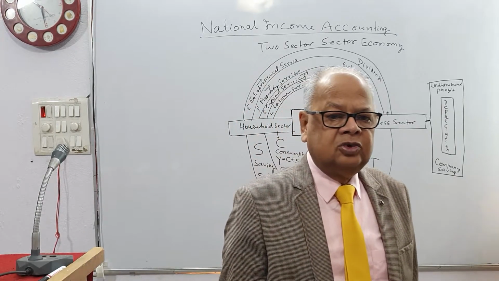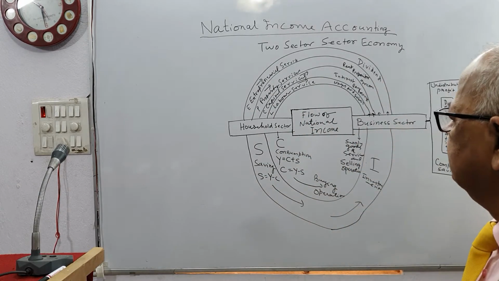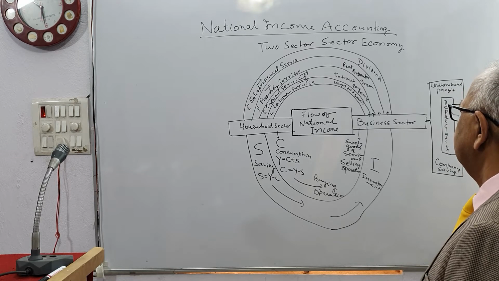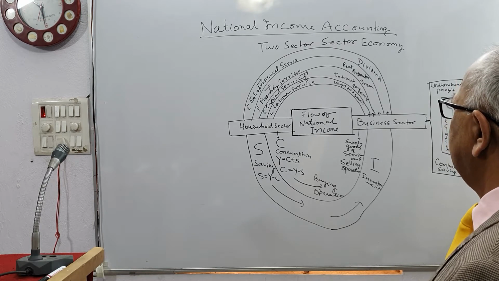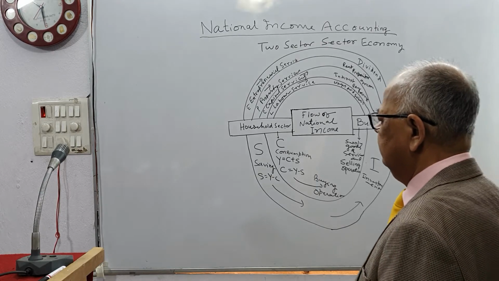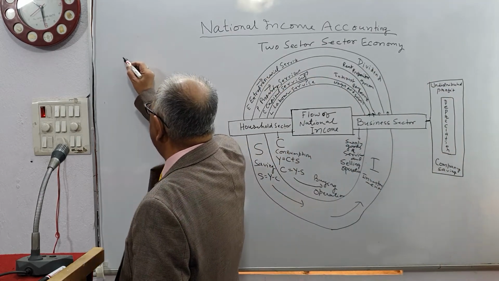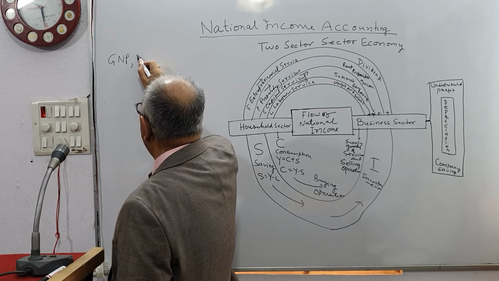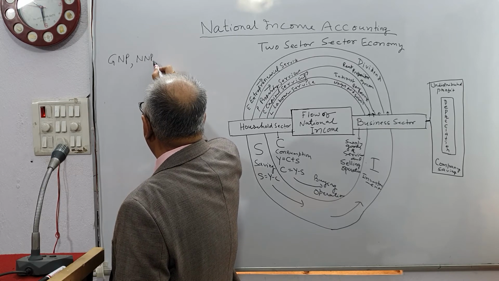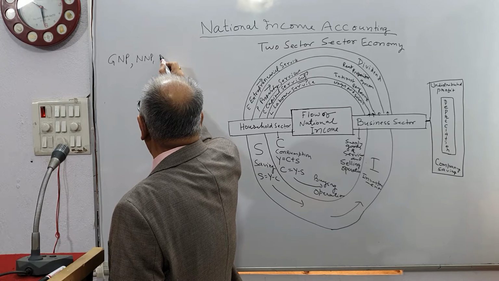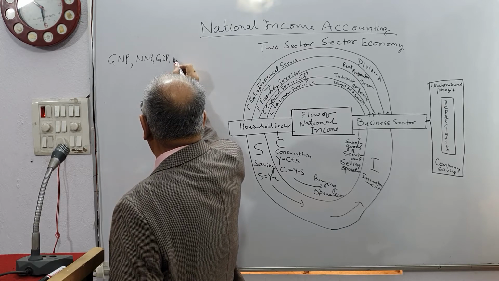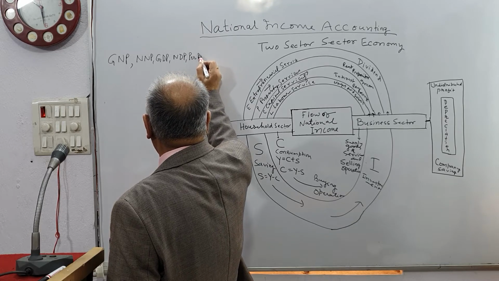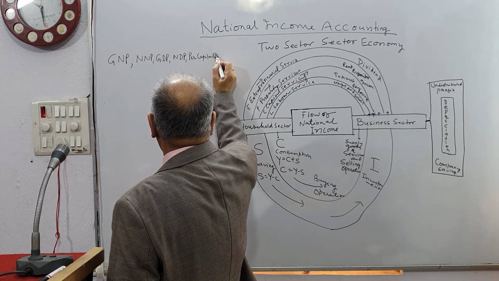So in the concept of national income, first of all, we take all these terms for the purpose of national income accounting, that is known as GNP, NNP, GDP, NDP, per capita income.